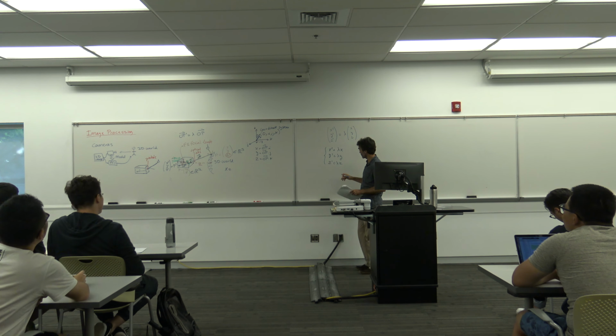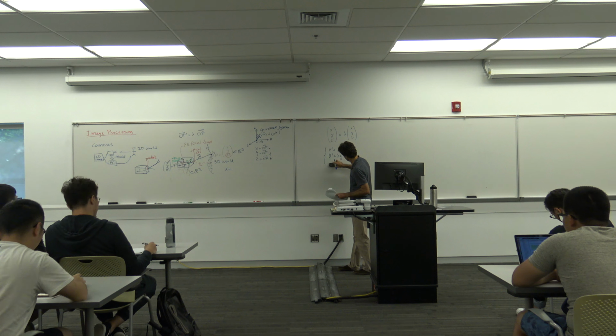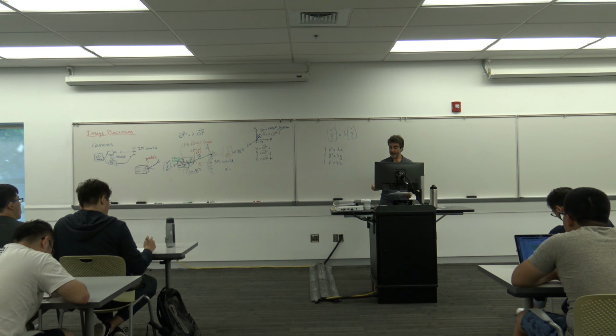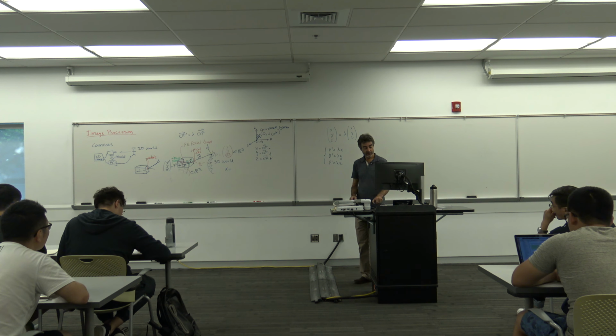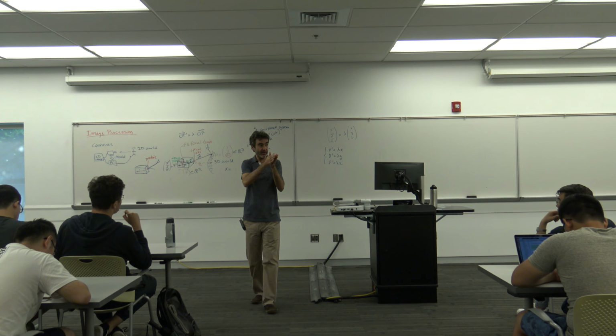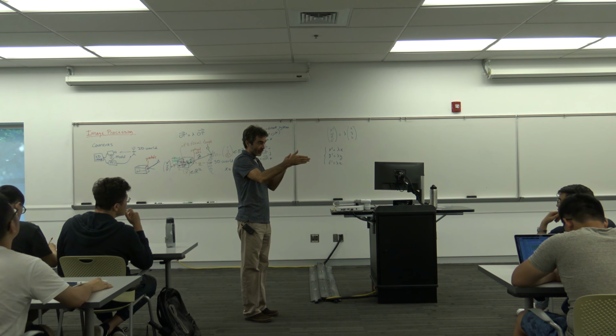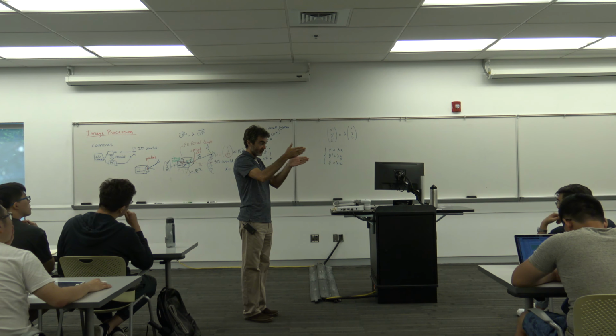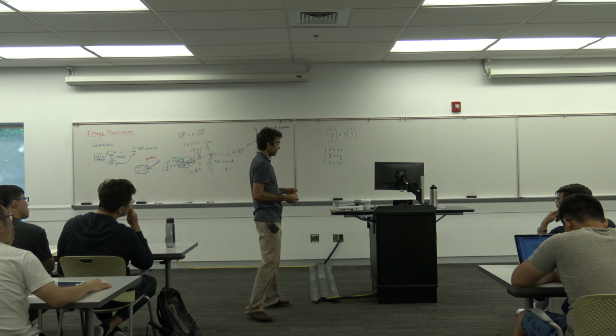All right, so let me substitute this here. Now the focal length is given. This is a value that is fixed from the pinhole to the end of the chamber. This is a distance that is fixed by the design.